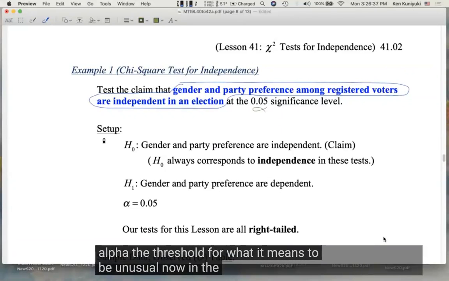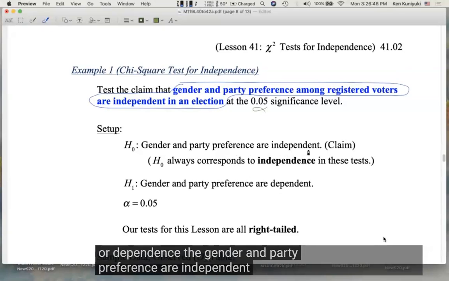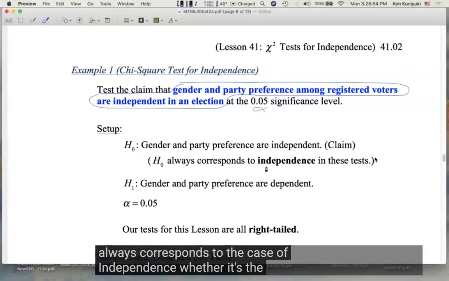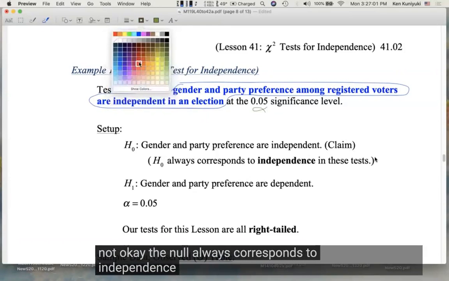Now, in the setup, the null hypothesis for this kind of test, whether it's a chi-square test for independence or dependence, is that gender and party preference are independent. The null always corresponds to the case of independence, whether it's the claim or not, okay?